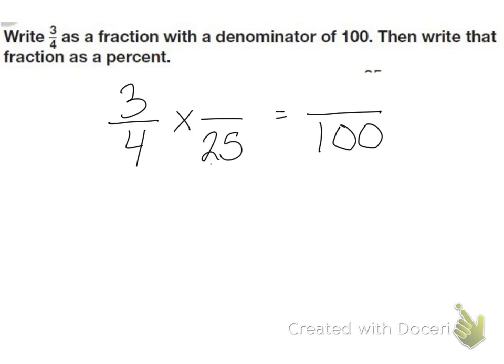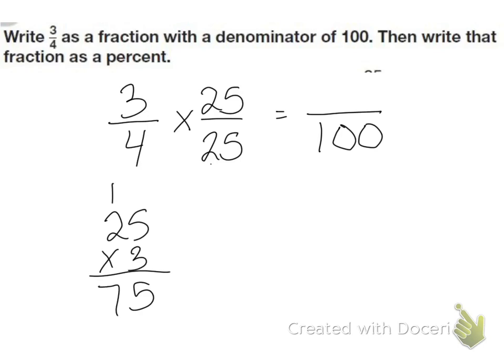So if I multiply the bottom by 25, I have to multiply the top by 25. So we have to figure out what is 25 times 3. Okay, so 3 times 5 is 15, carry my 1. 3 times 2 is 6, plus 1 is 7. So 3/4 is the same as 75 over 100.